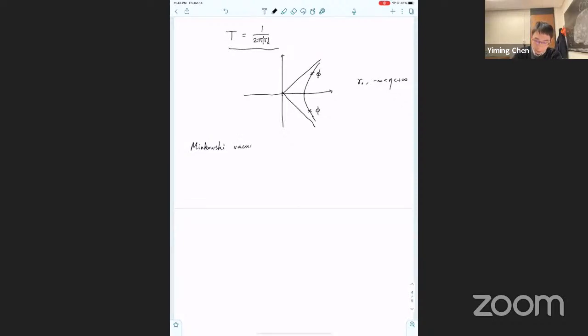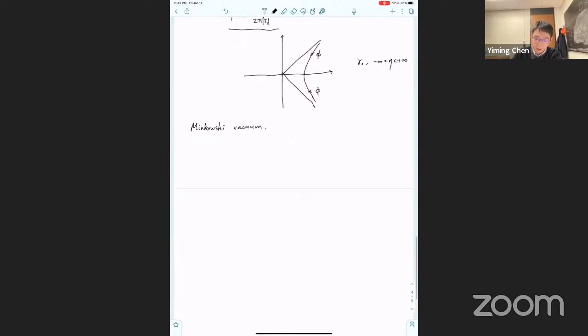And let me first just write down the answer in Euclidean space. So in Euclidean space, the 2-point function of a massless scalar in 4 dimensions is, up to some proportional constant, just given by 1 over tau1 minus tau2 squared plus the distance squared.